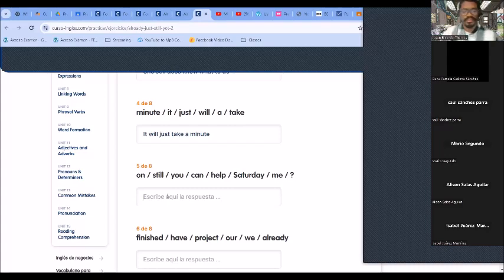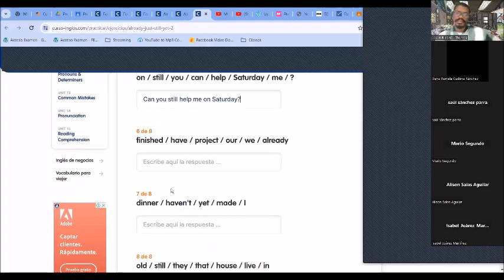Can you still help me on Saturday? Yes. Maybe the situation's changed, so you want to double check, you want to confirm. Right, Isabel, number 6. We have finished our project already.